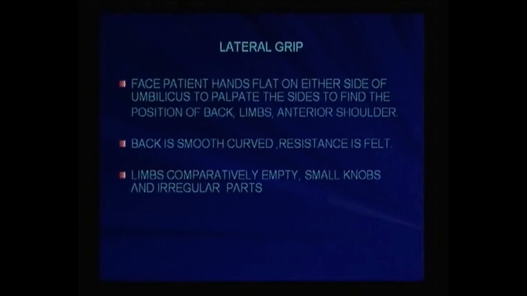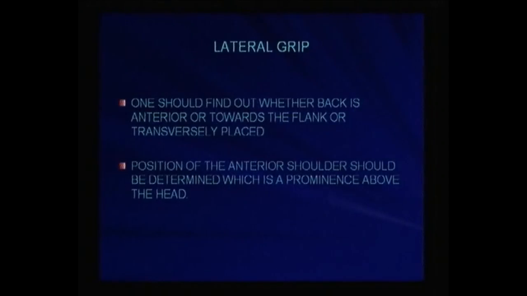Small knobby and irregular parts are felt. The anterior shoulder is felt as a knobby protrusion just above the head. One should also find out whether the back is anterior or towards the flank or transversely placed. The position of the anterior shoulder should be defined.